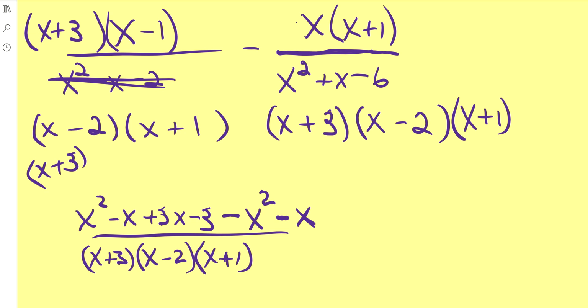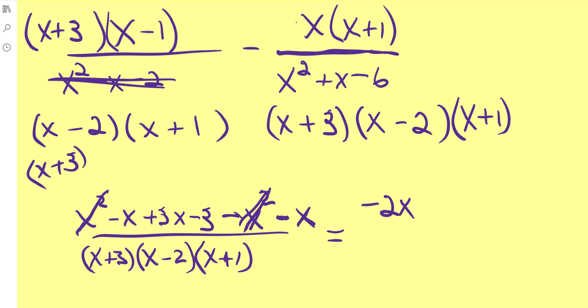Now I've got to combine all my like terms. Let's see what we can do here. I've got an x squared minus x squared, so those just go bye-bye. Here I've got a negative x minus x, so that's going to give me negative 2x, and then I've got a positive 3x.